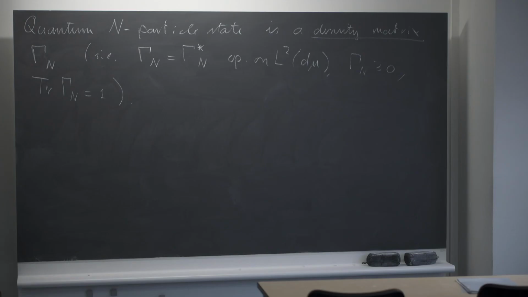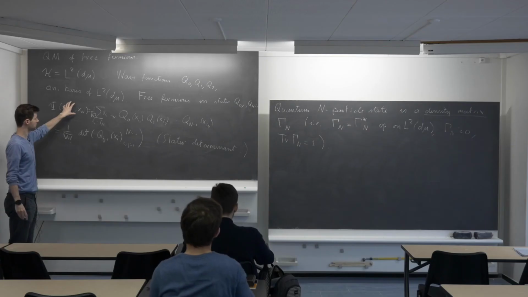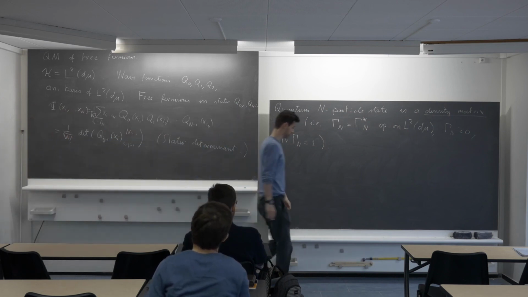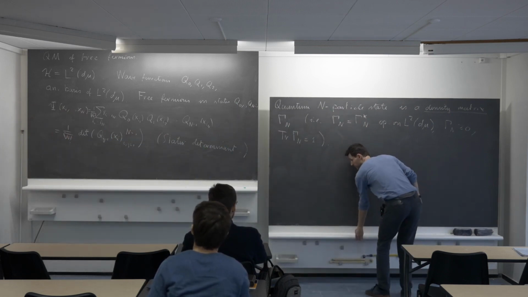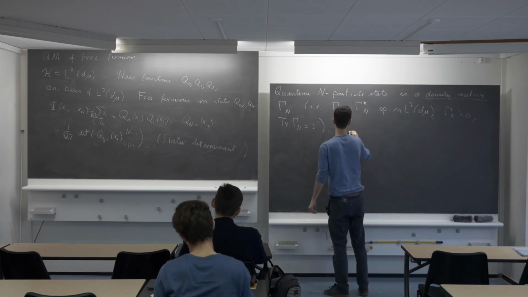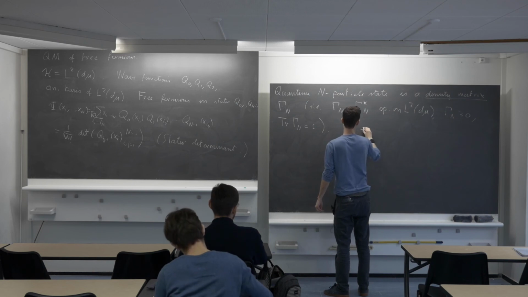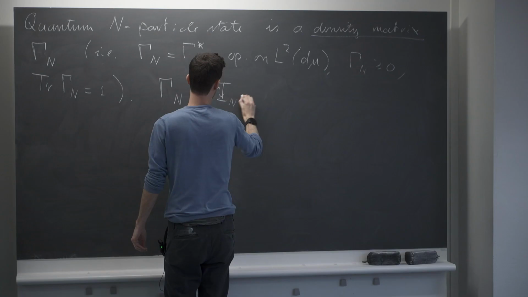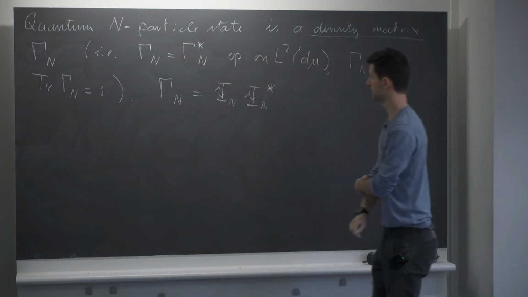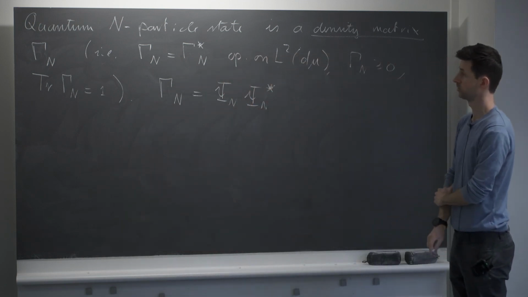If you take a quantum system which is in a specific state defined by a wave function, then this corresponds to a very specific density matrix, which is the rank 1 projection onto this vector.